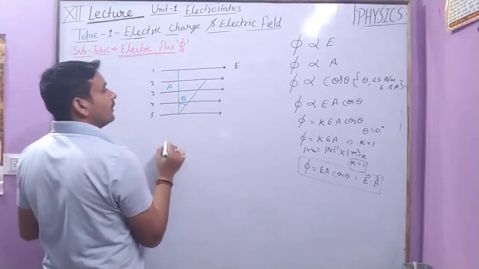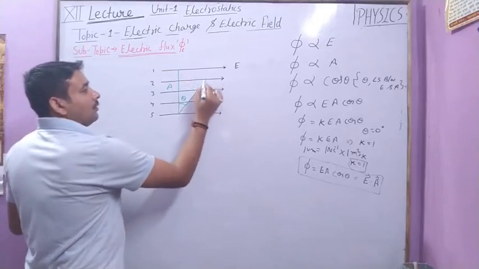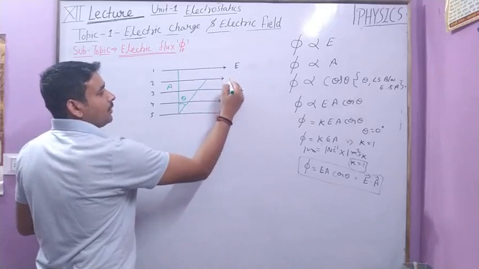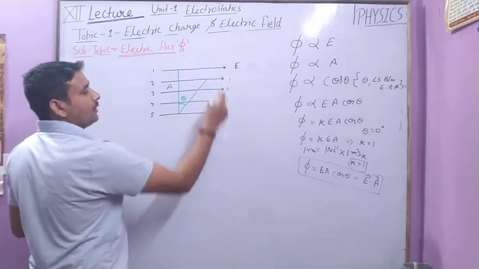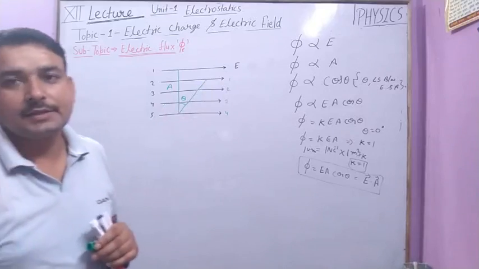Then we find that only 1, 2, 3 and 4 electric field lines are linked with that surface.